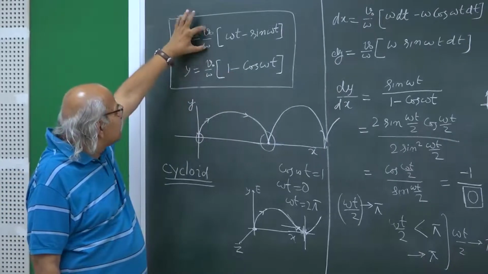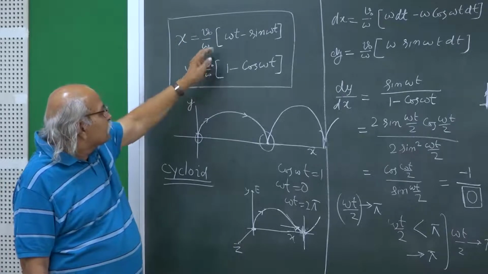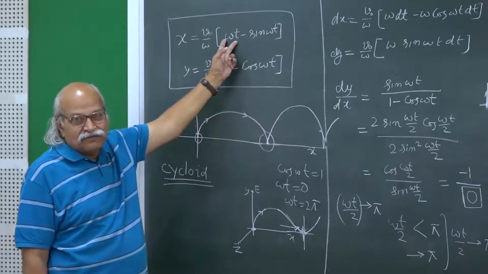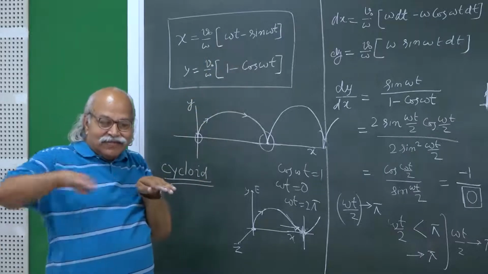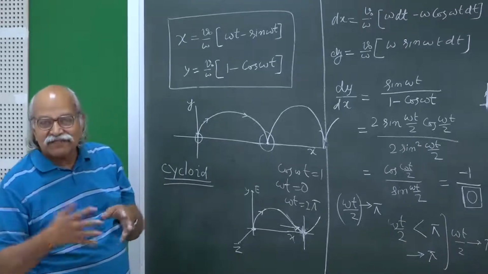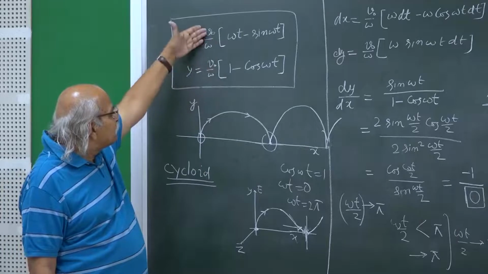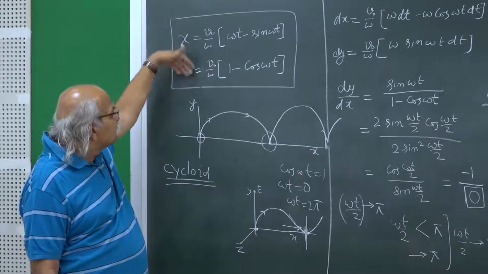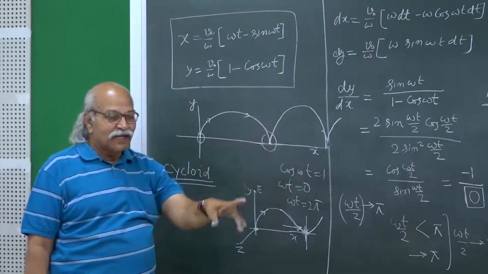So, this is constant, we can take it as 1, this is constant, we can take it as 1. Instead of t, we can write omega t also. Not that I am taking omega equal to 1, but if you plot t or you plot omega t, it is only a scale difference. So, we can use these parametric equations and plot a graph between y and x using these equations and see the shape of the graph. So, I will do that on the computer.